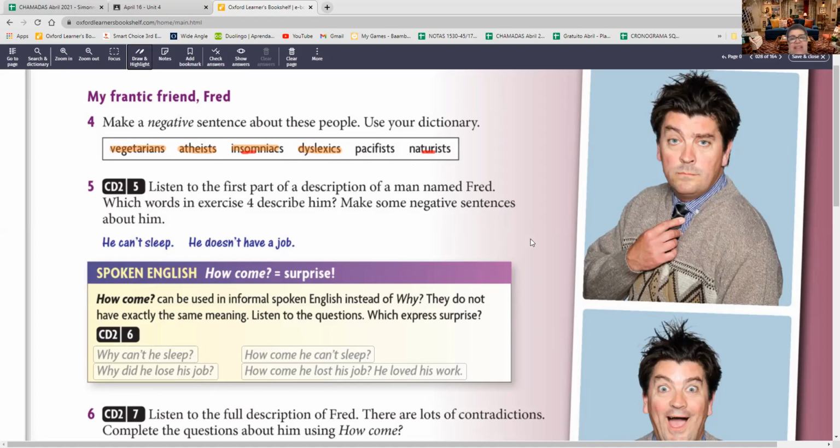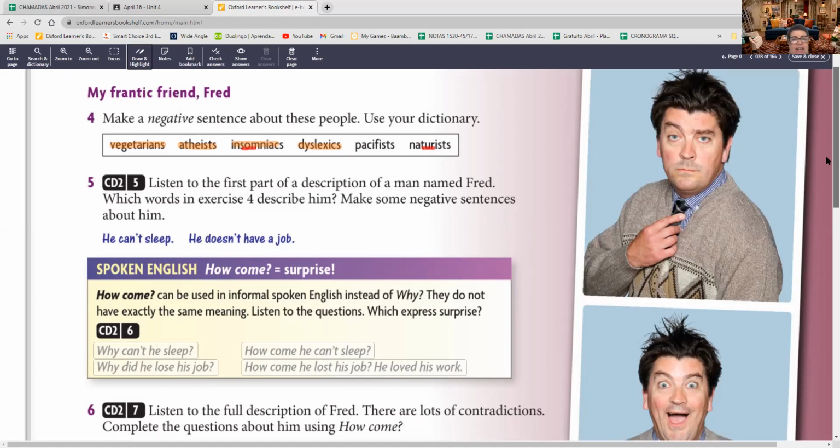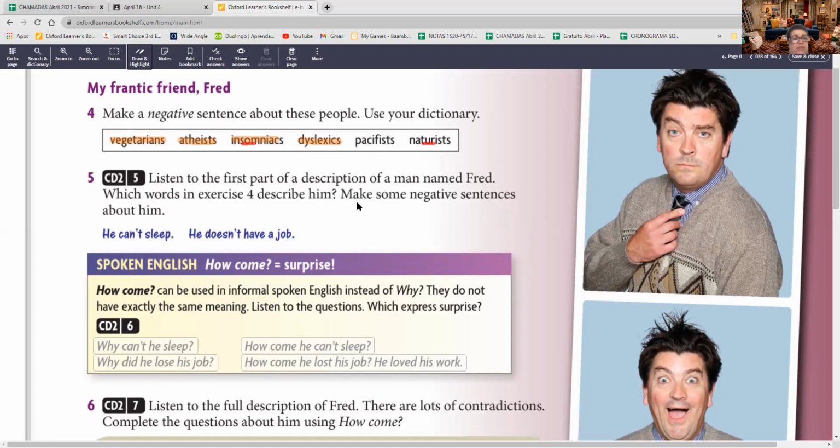All right, guys. So here they say we should make some negative sentences about him. For example, if he's an insomniac, then he can't sleep well. Another one, he doesn't have a job, according to what they said there, right? He doesn't eat meat, for example, right?